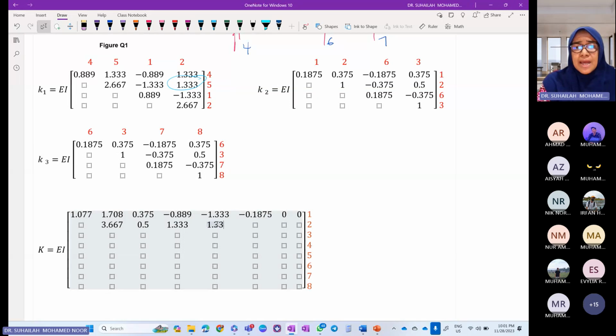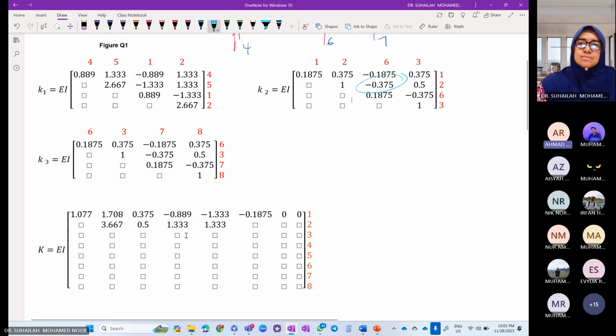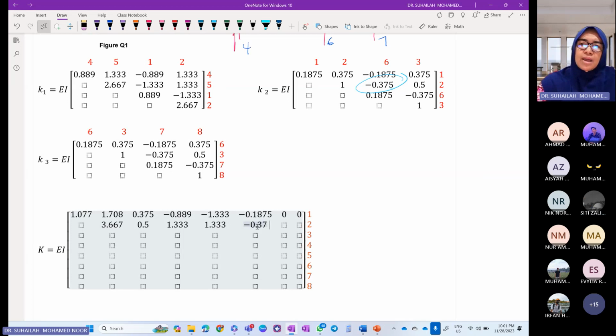But if you don't do exercise, you cannot do. 2,6, 2,7, 2,8. 2,6, what is the answer? 2,6 is the same. Negative 0.375. 2,7, 2,8: 0 and 0.